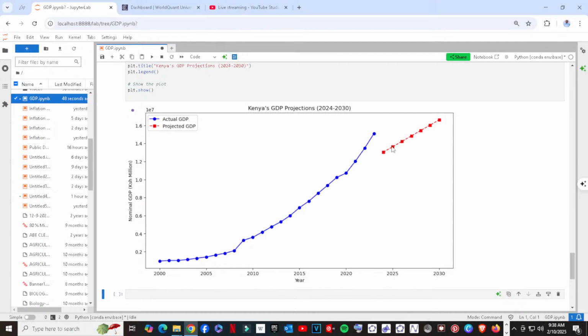If we look at the trend, actual GDP is the one in blue. These are the actual GDP, the way they grew. And it's also interesting that for the actual GDP between 2000 and 2005, if you look at this slope, it's weak. That means the rate of change is small.